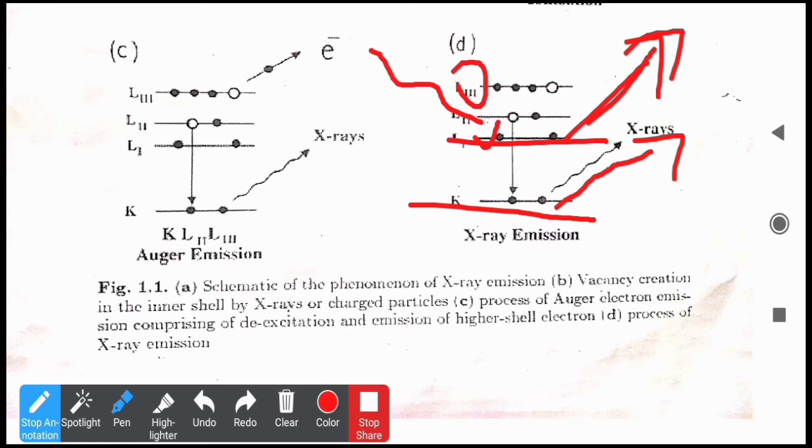So this is the principle of the particle induced X-ray emission technique.